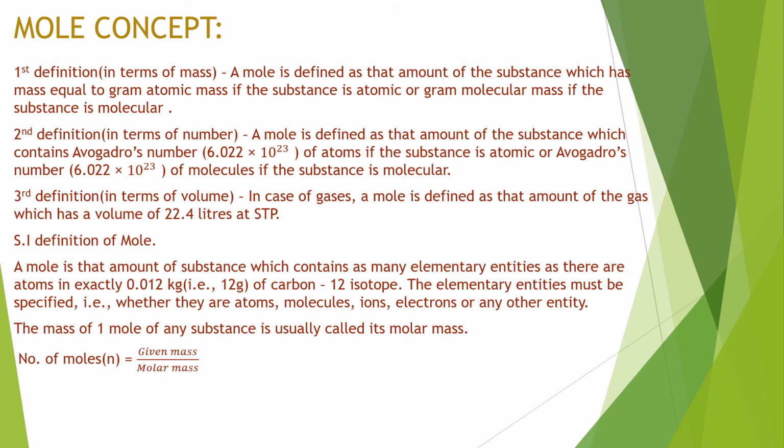That is, a mole is that amount of substance which contains as many elementary entities as there are atoms in exactly 0.012 kg, that is 12 gram of carbon 12 isotope. The elementary entities must be specified, that is whether they are atoms, molecules, ions, electrons or any other entity. So this is the standard definition of mole.